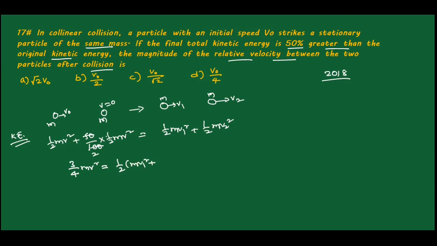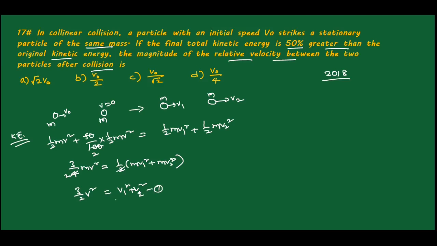The 2 and 4 cancel, and m cancels from both sides. So 3 by 2 v square is equal to v1 square plus v2 square. Consider this as equation number 1.